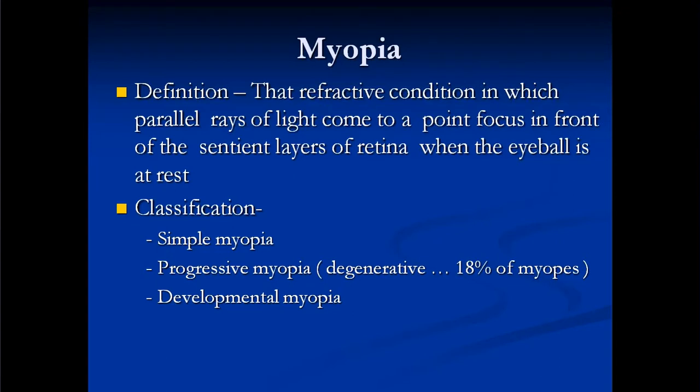Conventionally it is classified as simple myopia, progressive myopia and developmental myopia. Most people will have simple myopia. Conventionally, if the error is less than 6 diopters, that is called simple myopia. Up to 6 diopters of defect, it is called simple myopia.